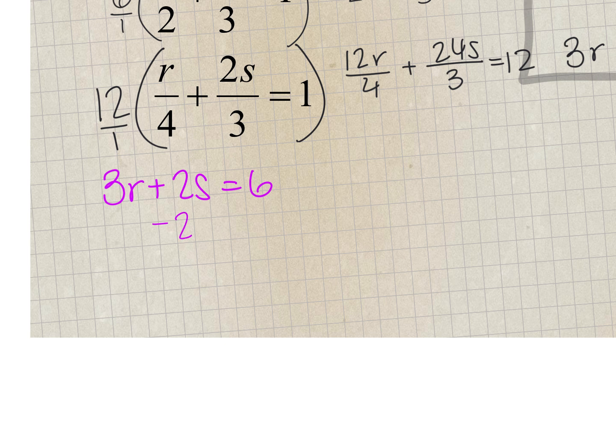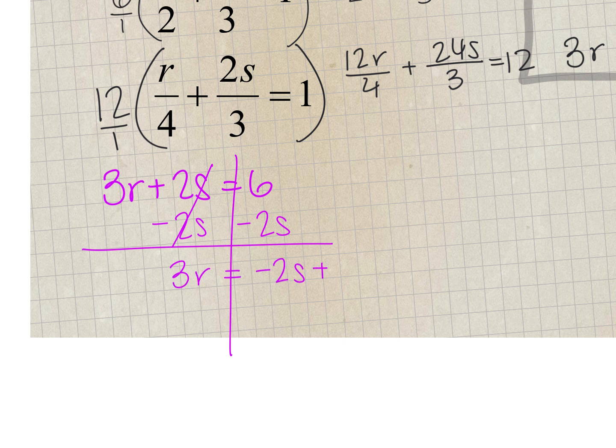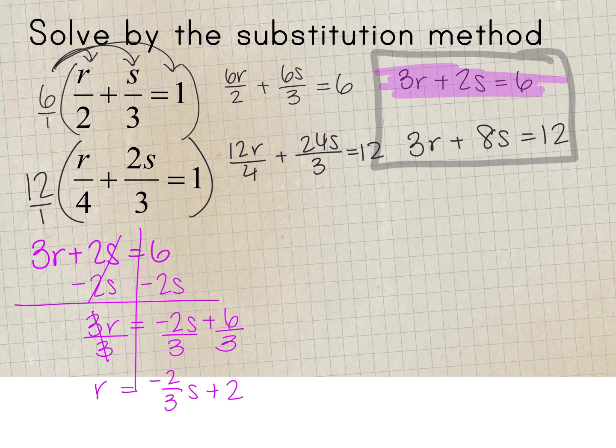So I'm going to subtract 2s from both sides of my equal sign. I'm going to get 3r equals negative 2s plus 6, and divide by 3 on both sides. R equals negative 2 over 3s plus 2. So I'm going to take it now, then I'm going to plug it into my second equation.